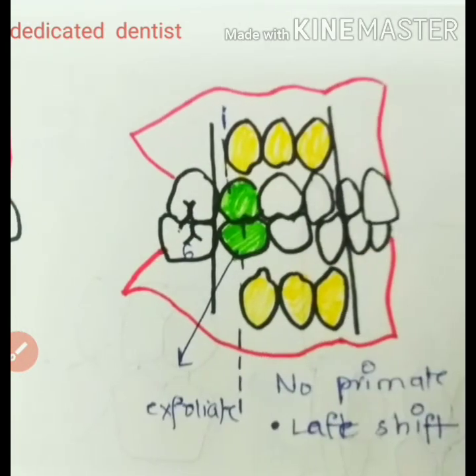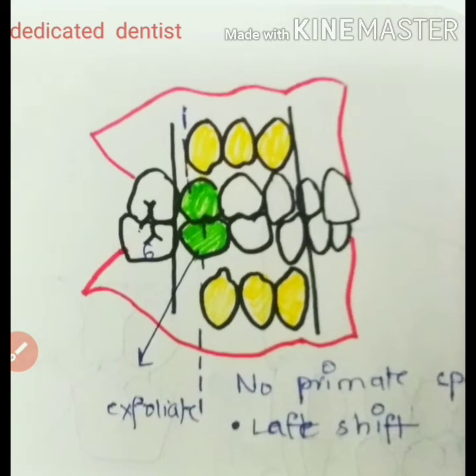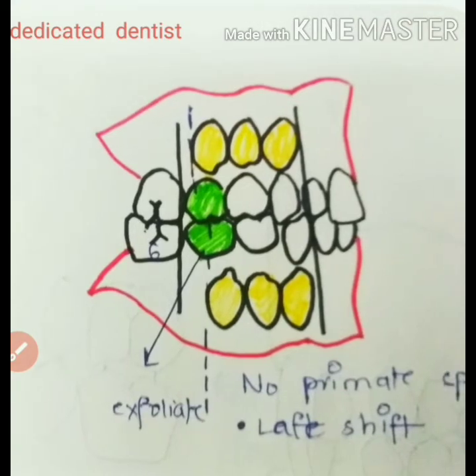Another way by which it achieves Angle's class 1 relationship is when there are no primate spaces. Previously we talked about when there were primate spaces present. Now we don't have any primate spaces. You see how compactly the teeth are arranged in this deciduous dentition.